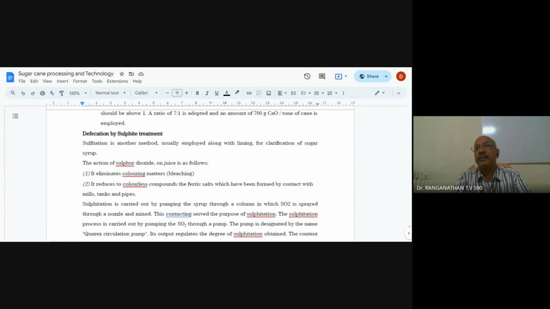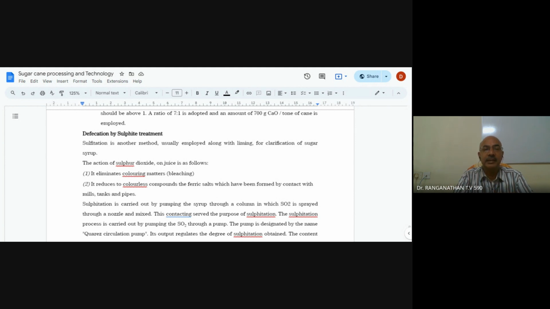As I said, it gives the bleaching process and it is done along with liming. During the liming, the pH goes to the alkaline region, and to make it come back to the neutral range, you add sulfites.